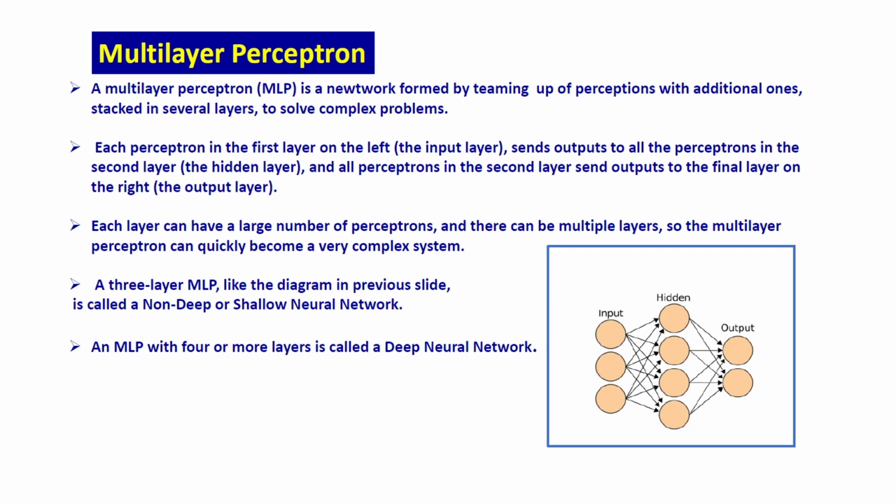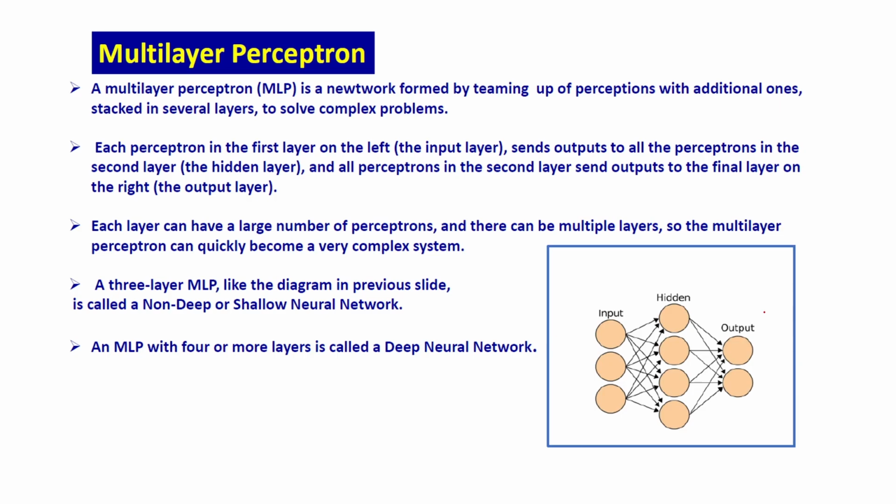So, this is nothing but a teaming up of perceptrons. You can have different layers stacked together to solve complex problems, just as we discussed, what the human brain can do. Each perceptron in the first layer, which is the left layer, is basically called the input layer. It sends its output to all the perceptrons in the second layer, which is the hidden layer, and then the second layer sends its output to the final layer, which is the output layer shown here.